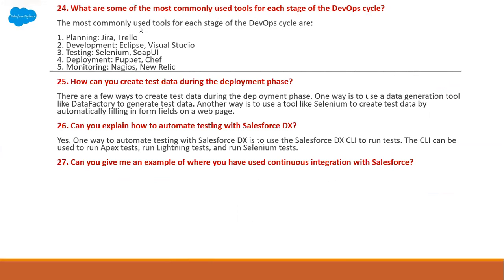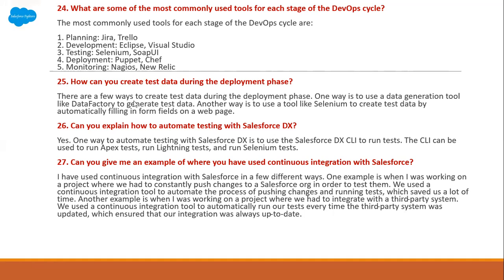The most commonly used tools for each stage of the DevOps cycle are: planning, Jira, Trello; second, development, Eclipse, Visual Studio; third, testing, Selenium, SoapUI; next, deployment, Puppet and Chef; next, monitoring, Nagios and New Relic.